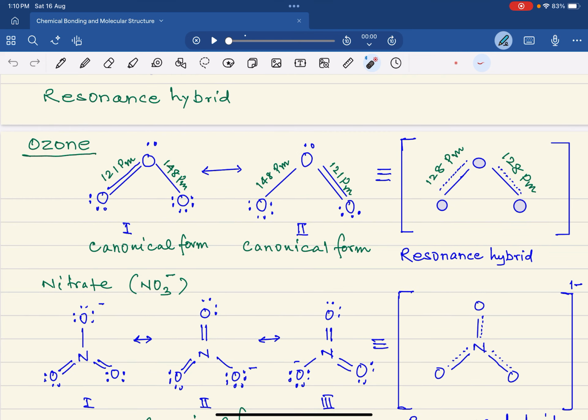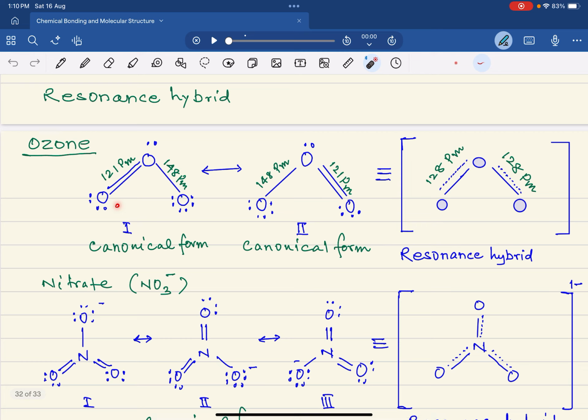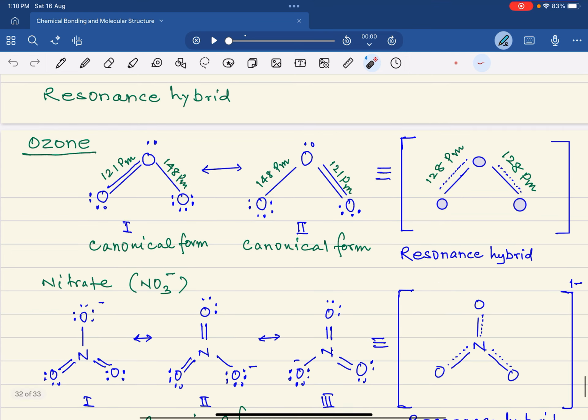Ozone molecule, in case of ozone, oxygen double bond length is 121 picometer and single bond length is 148 picometer. Due to movement of pi electron in this side, the double bond becomes single bond and single bond becomes double bond and lengths are same.